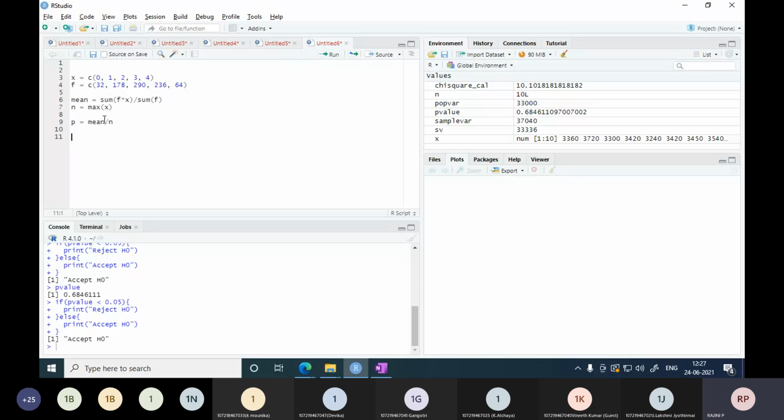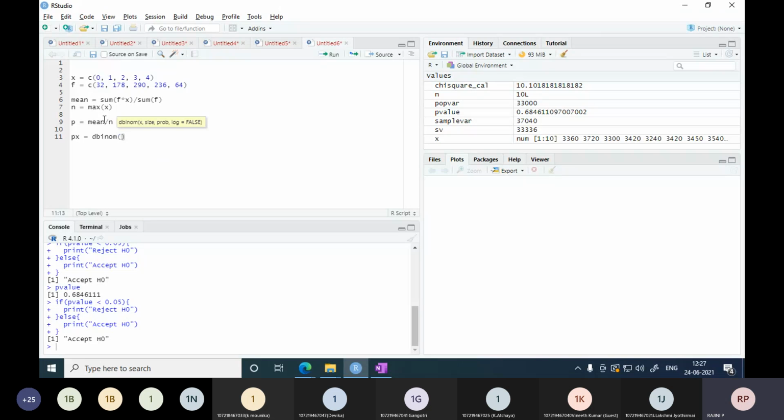Now we need to fit the binomial distribution. So first find the probabilities, P of x. We need to use the function nCx, p power x, q power n minus x. But no need to do all those things. There is an inbuilt function to find the probabilities. So how can we do that? dbinom.